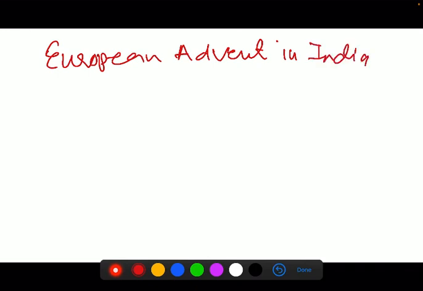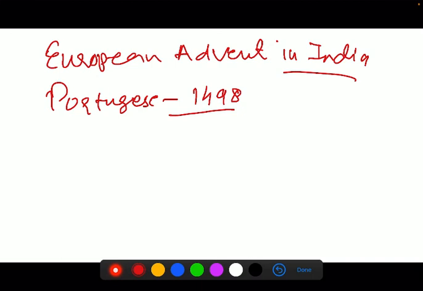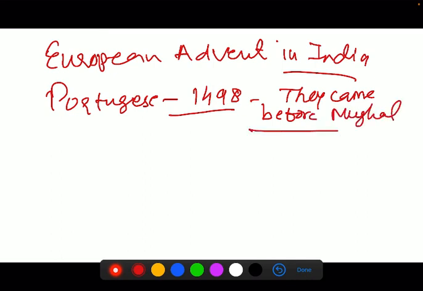In a nutshell, what we have seen: European advent in India. Who came first? The Portuguese in 1498. They came before the Mughals also. When did the Mughals come?